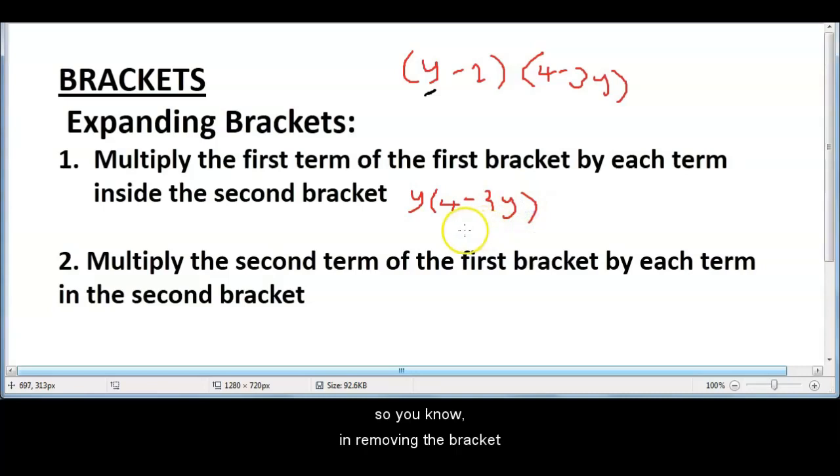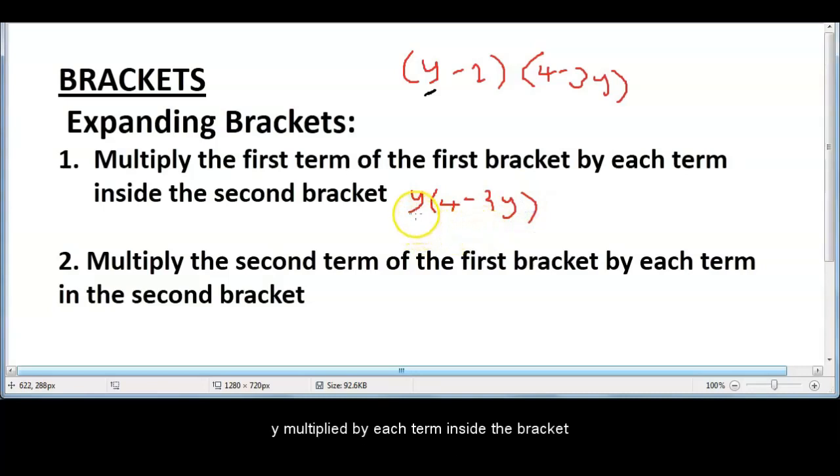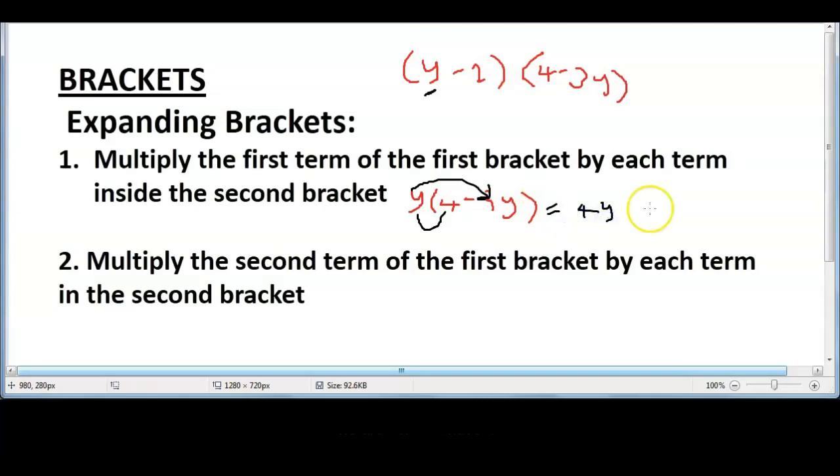So in removing the bracket, y multiplies each term inside the bracket. First y by 4, then y by minus 3y. So what are we going to have? We're going to have 4y minus 3y squared.